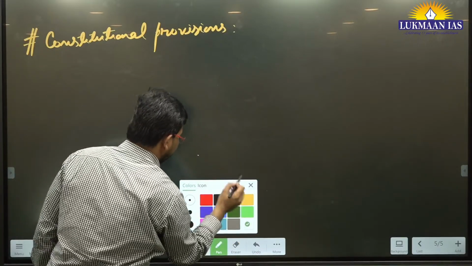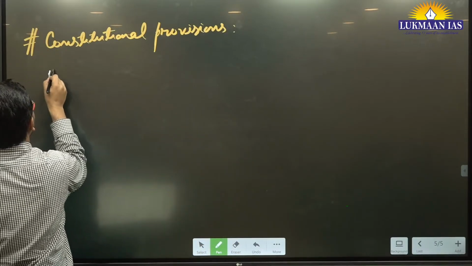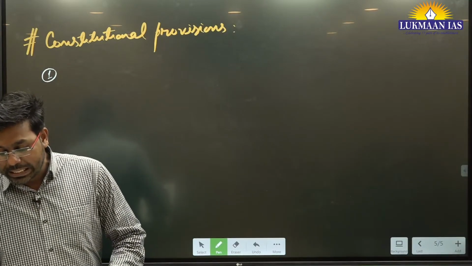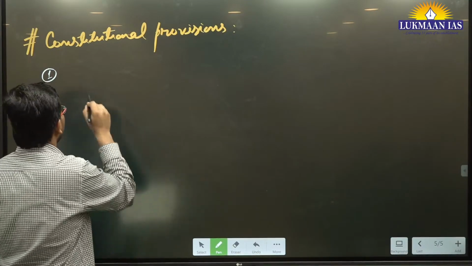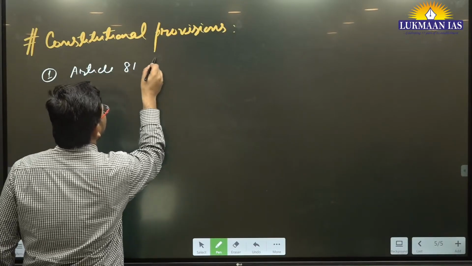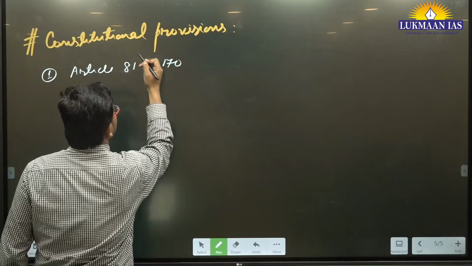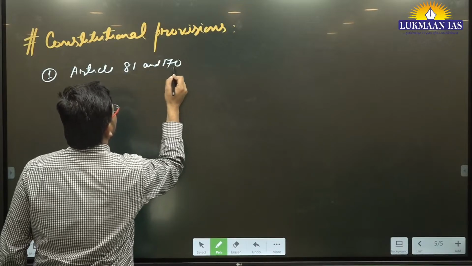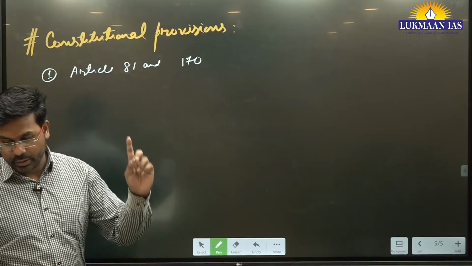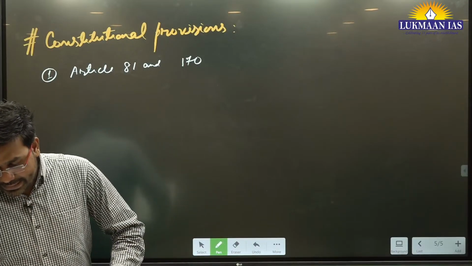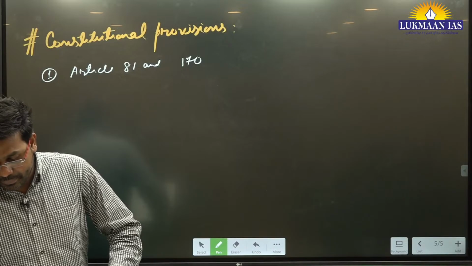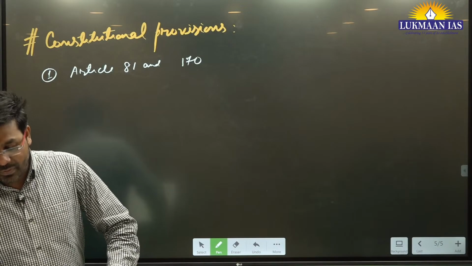The first constitutional provision we are going to discuss is Article 81 and Article 170 of the Constitution. These articles state that the ratio of the population in Lok Sabha and state legislative assembly constituencies shall be the same as far as practicable.